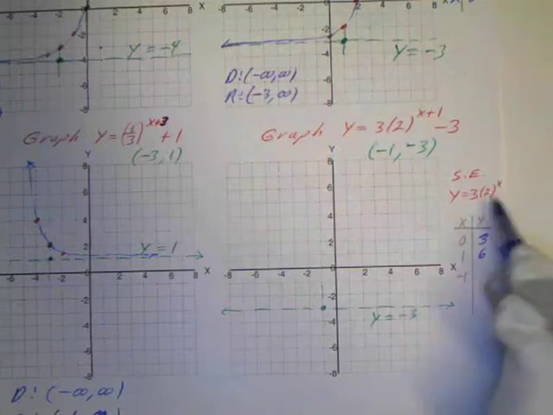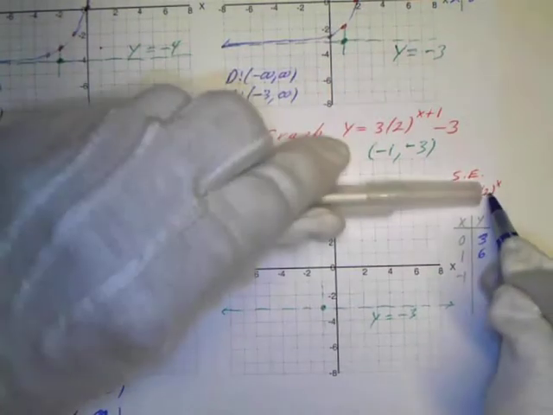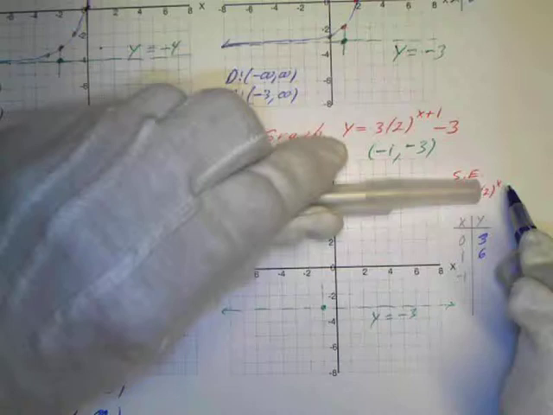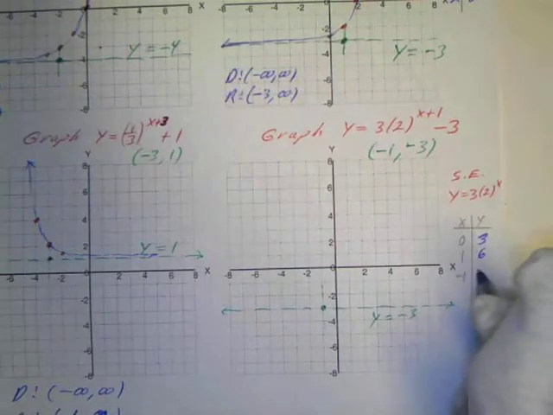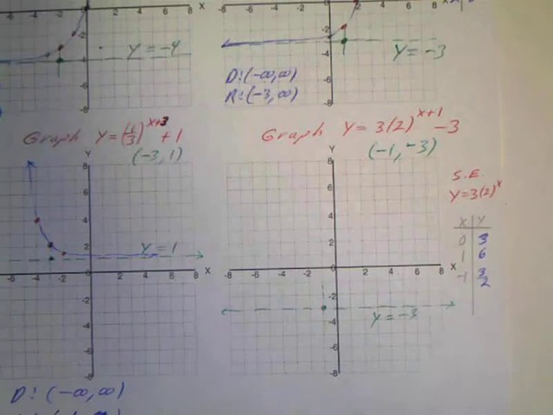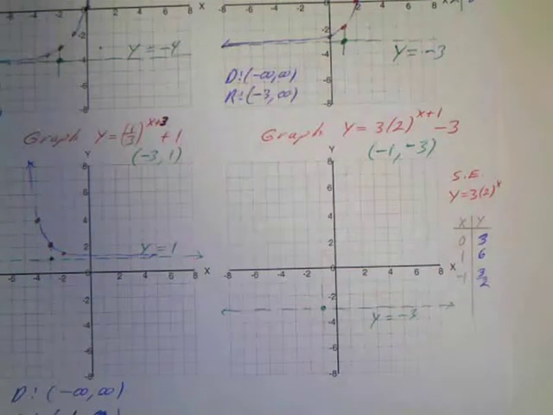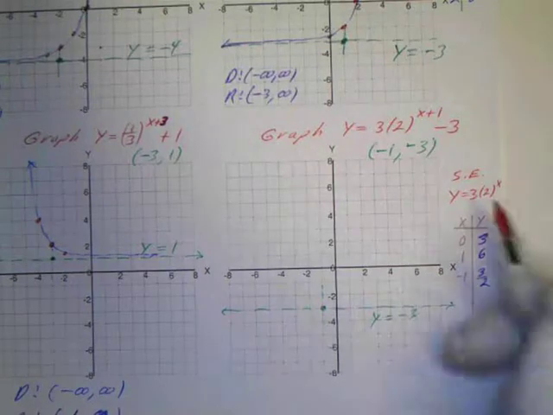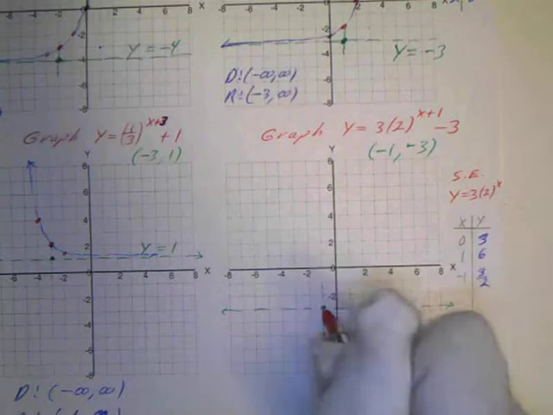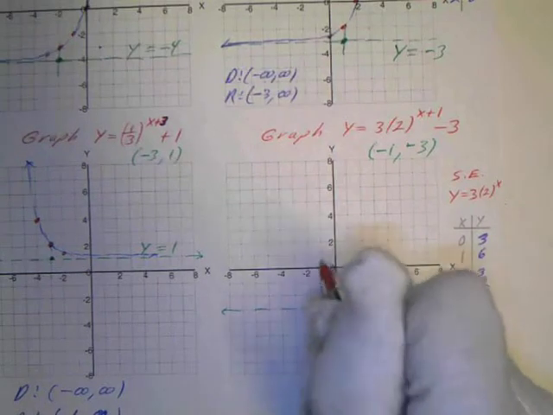And if I put negative 1 in here, 2 to the negative 1 is 1/2, and 3 times 1/2 is 3/2. So there you go. And 3/2 is 1 1/2.